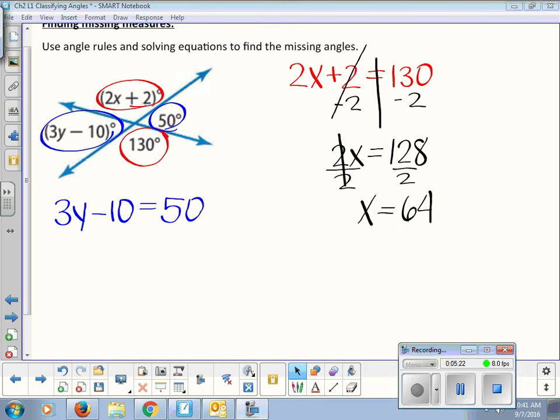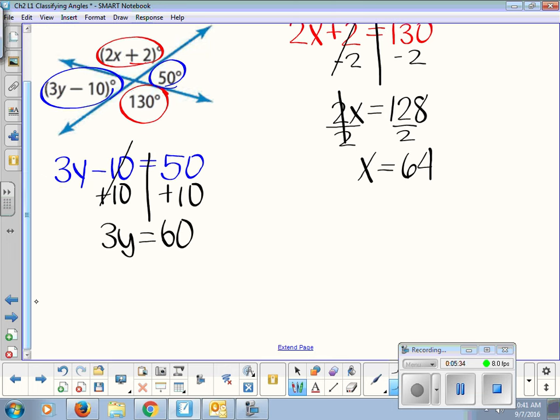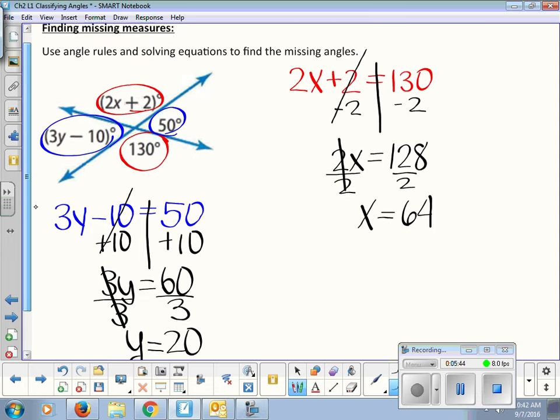Okay, for 3y minus 10 equals 50, what do we have to do first? Add 10. This cancels, we get 3y equals 60, and our next step would be to divide both sides by 3. This will cancel out to be 1, and we're left with y equals 20.